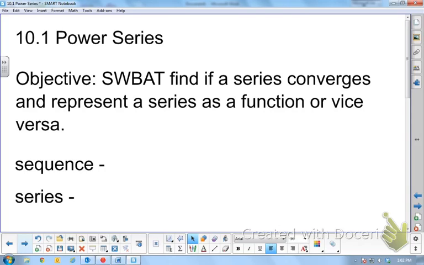So if we're going to be able to do this, we need to know the difference between a sequence and a series. So we talked about what a sequence was yesterday. What do we mean by a sequence? A list of related numbers.